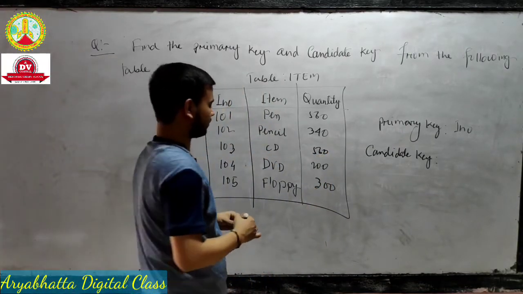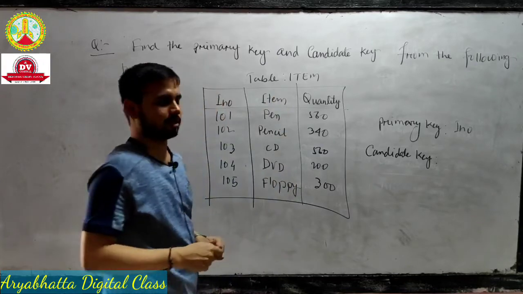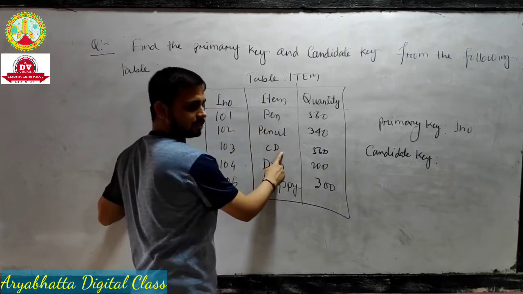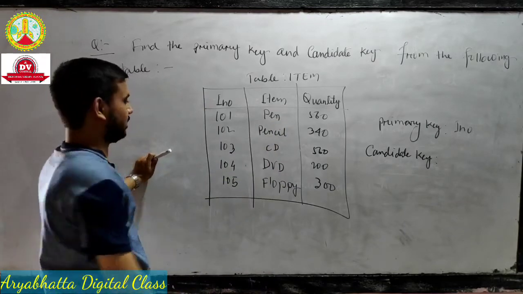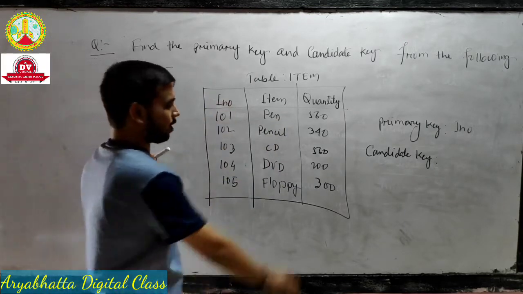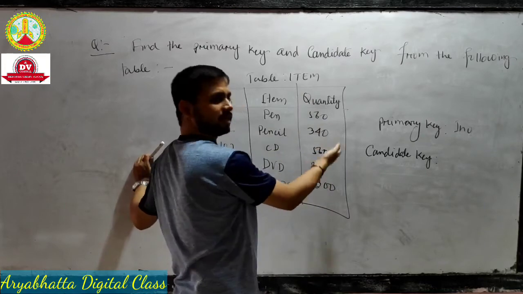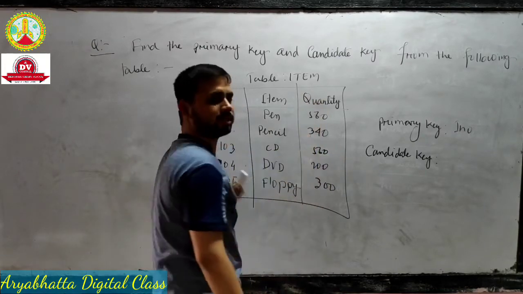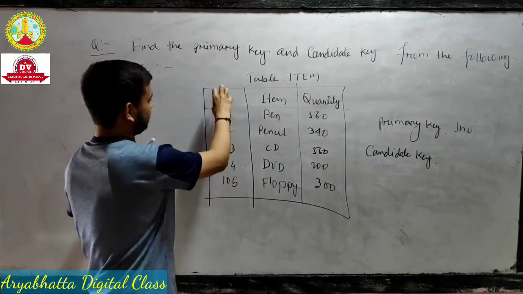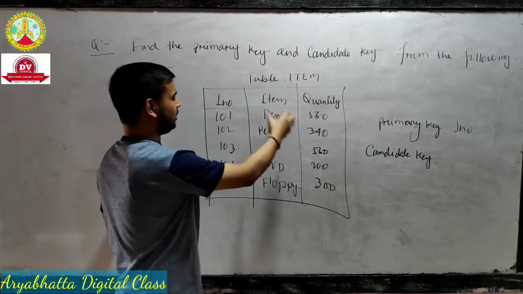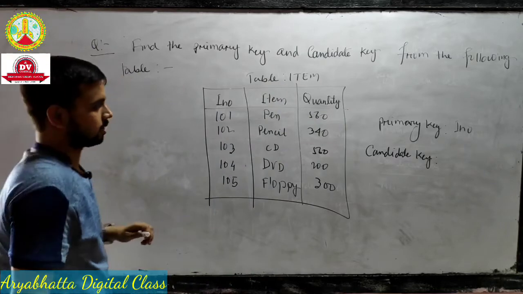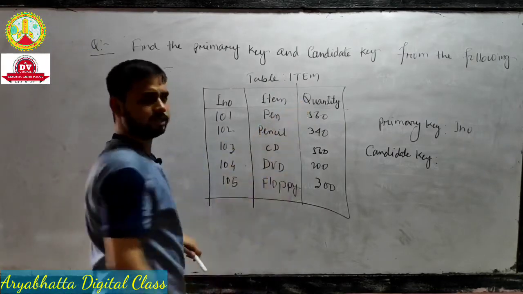Okay, but the item name is not the same. Pen is never written like CD, or CD is never written like pen. Item name is never the same and item number is never the same. But quantity may be the same or may not be. That's why quantity can never be a key.